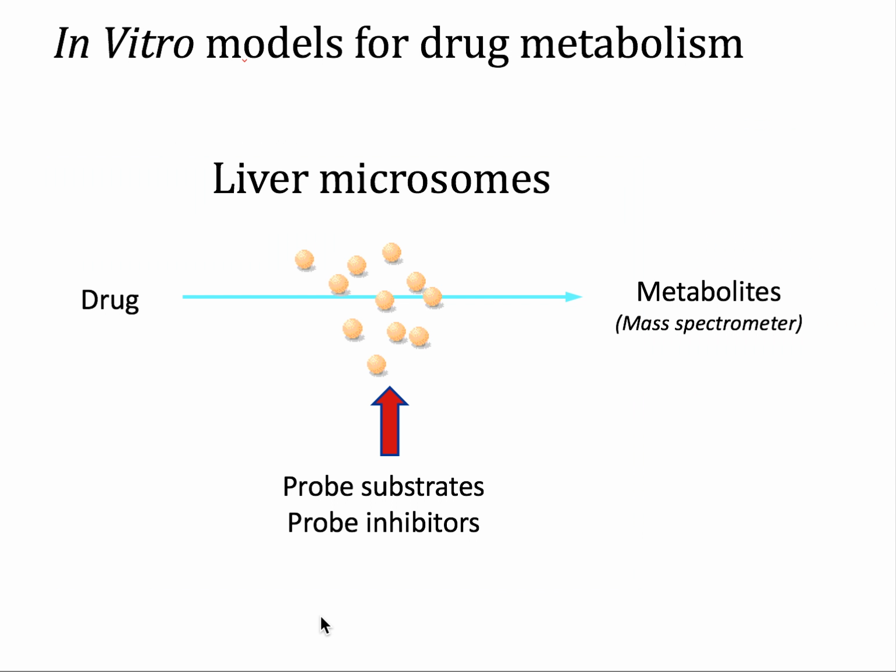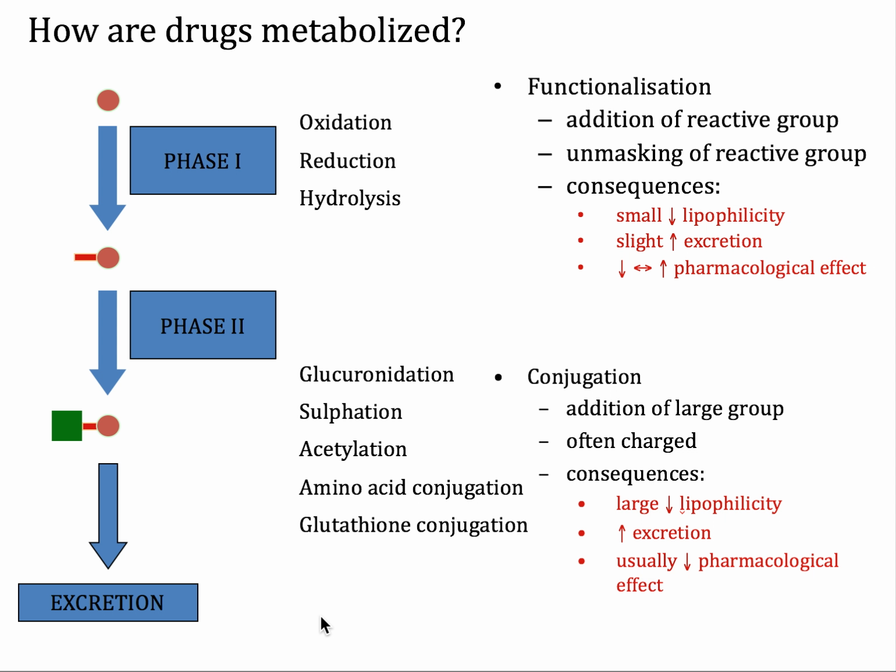So yeah, this is the key slide that you want to try to memorize. Phase 1 usually involves oxidation, reduction, and hydrolysis, and the whole purpose of this is to functionalize the drug. Oxidation is basically an addition of oxygen, or you could say a loss of hydrogen.